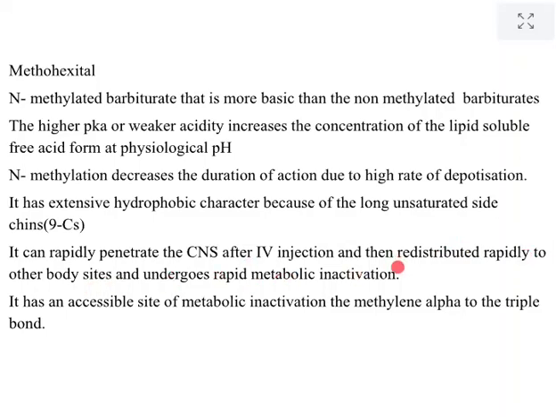So those are some of the characteristics, and we can get them from the structure. 1, high lipid solubility, because of the methyl group adding lipid solubility. 2, also because of the methyl group pushing electrons, making it a weaker acid, and therefore we have more lipid soluble non-ionized moiety.